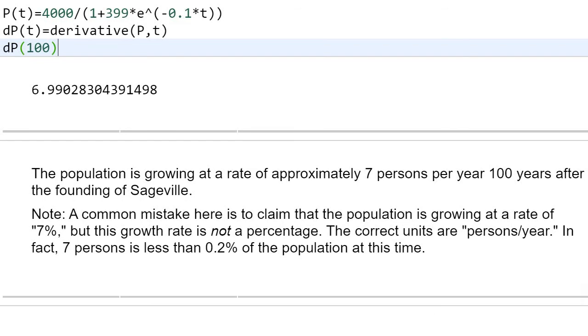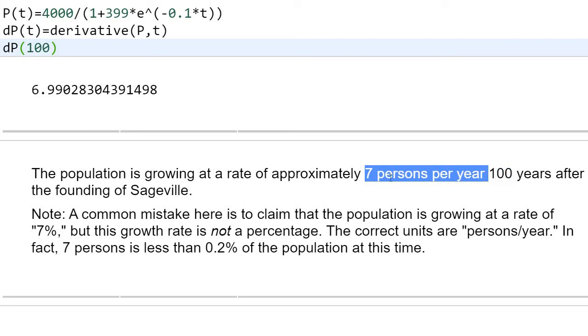That means the population is growing at a rate of approximately 7 persons per year, 100 years after the founding of Sageville. Now, a common mistake, when I've given this question to students, is that they say the population is increasing at a rate of 7%. This is not a percentage. This is 7 persons per year.